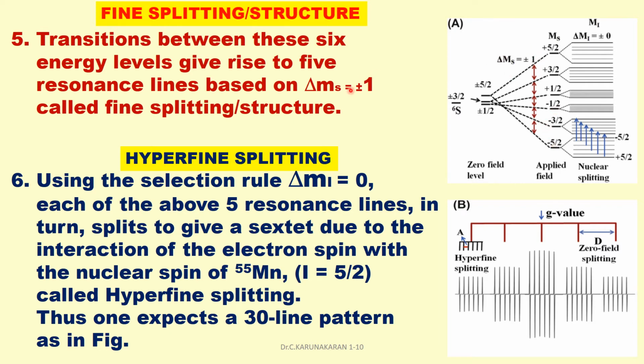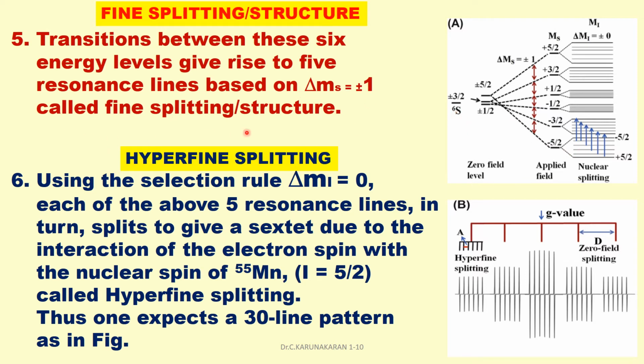So there are 1, 2, 3, 4, 5 resonance lines observed due to zero field splitting in the presence of applied field. These 5 lines observed in the EPR spectrum are called fine structure or fine splitting.